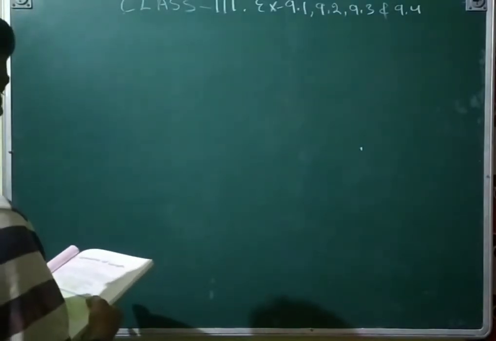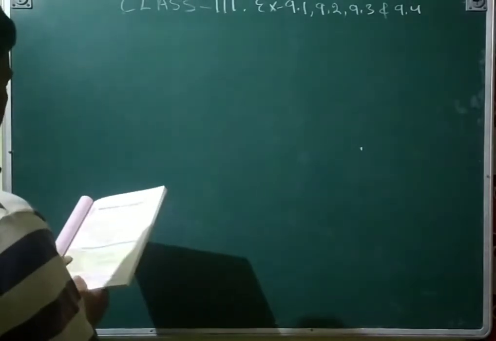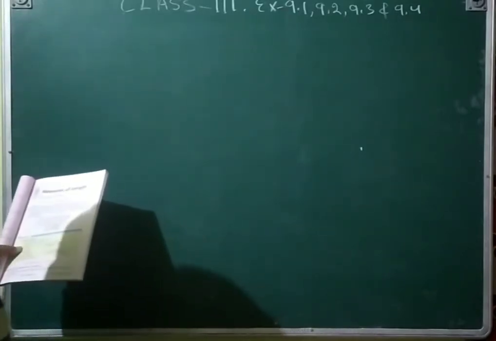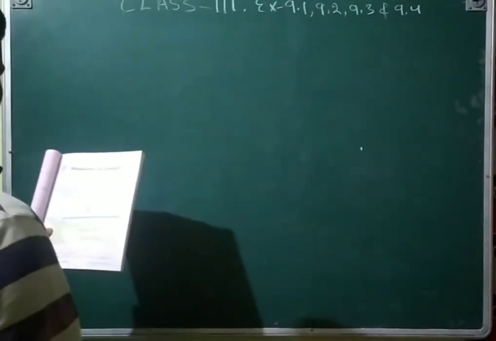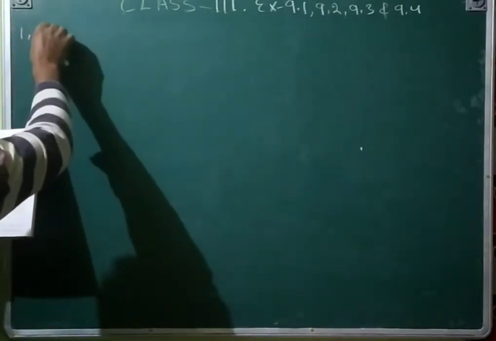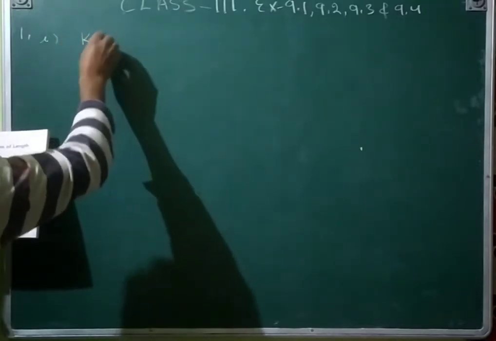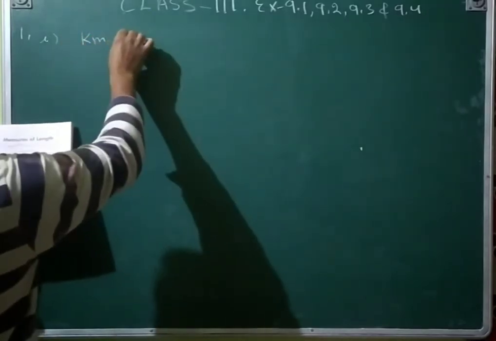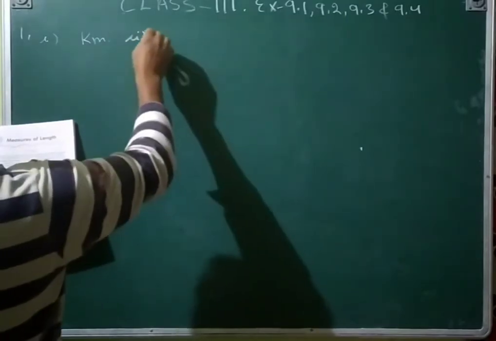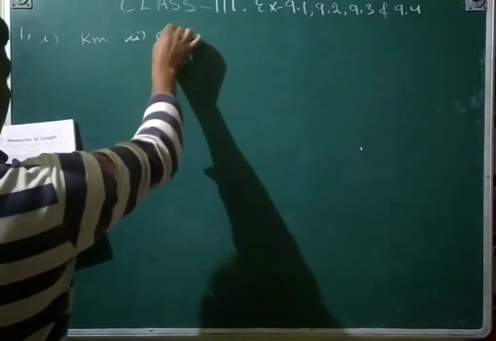Chapter 9, measure of length. We know that 1 km is equal to 1000 meter and 1 meter is equal to 100 centimeters. The standard unit of length is km, that is kilometer. Second is the smaller unit of length, that is centimeter or millimeter also.